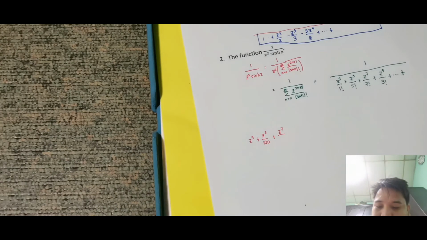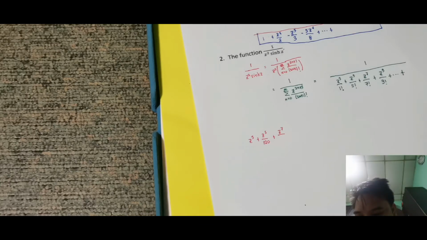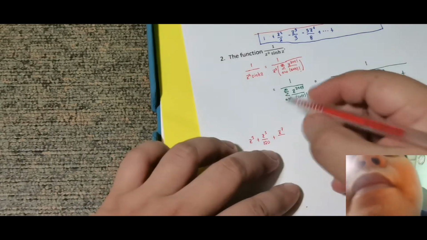What is 7 factorial? Nalimutan ko na yung factorial dito. Ayun, so 5040.